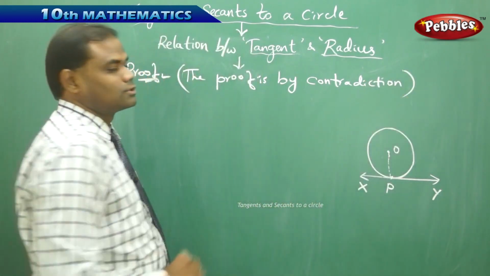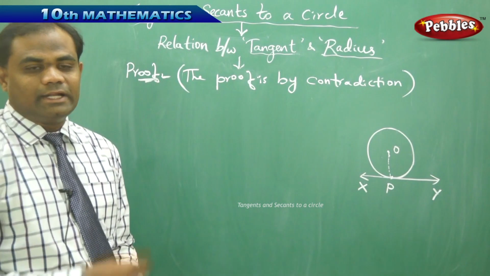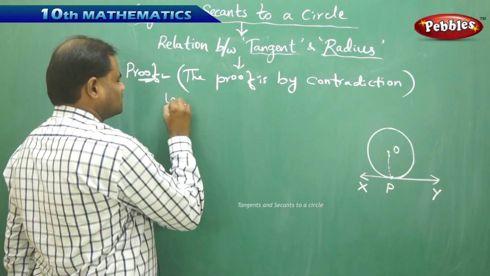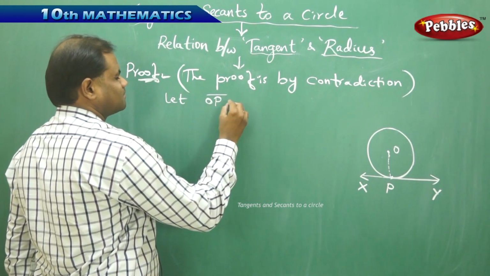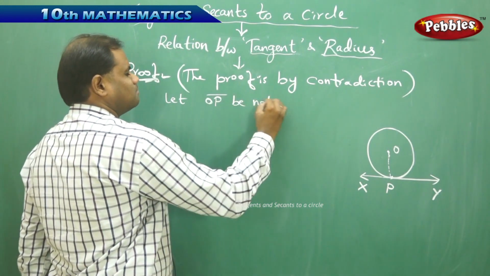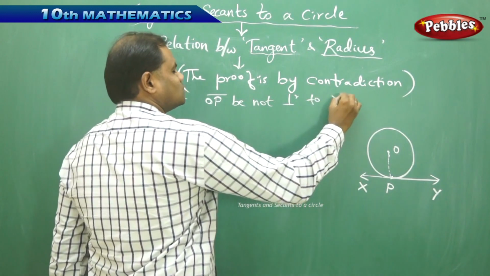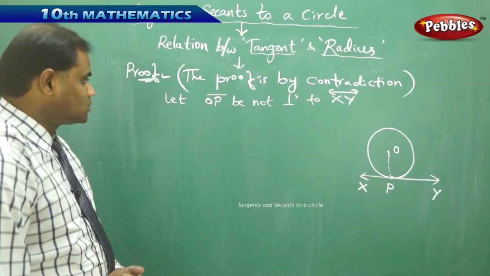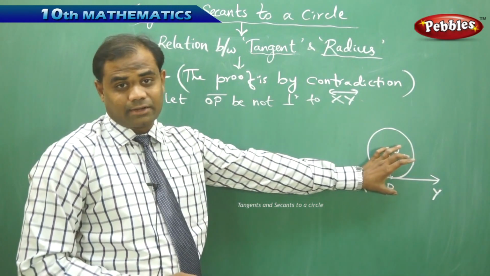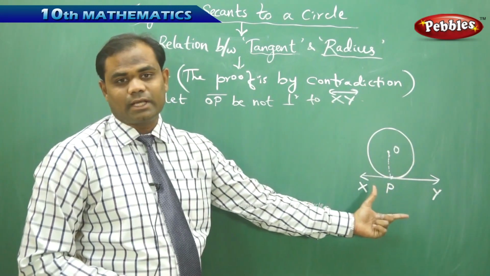To make a note of the proof, let's assume that OP is not perpendicular to the tangent XY. Remember, OP is referred to as the radius and XY as the tangent.